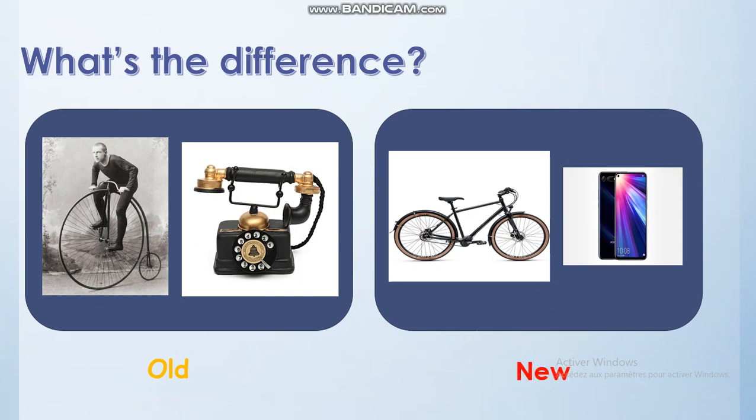Of course they are used by you. So they are new. This bicycle and this phone are new, which means that we use them nowadays. We use them today. But these ones were used centuries ago.